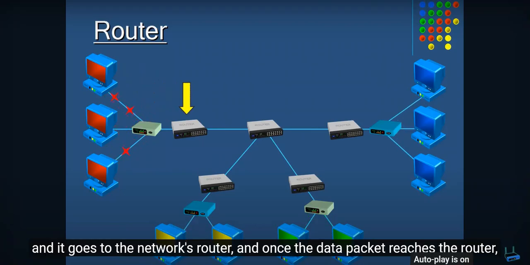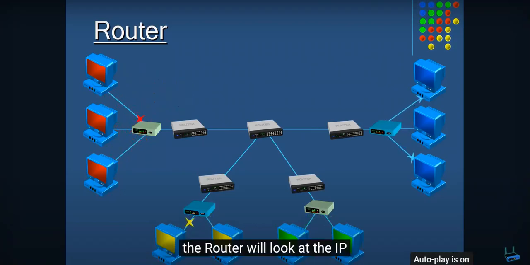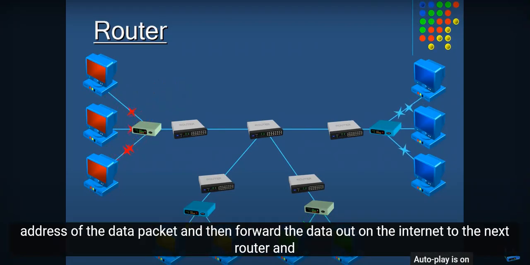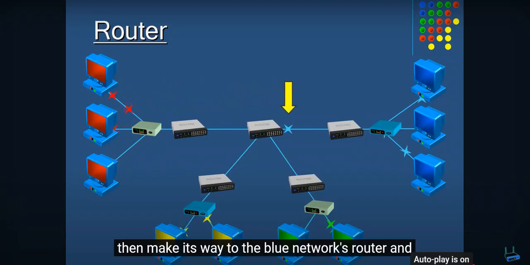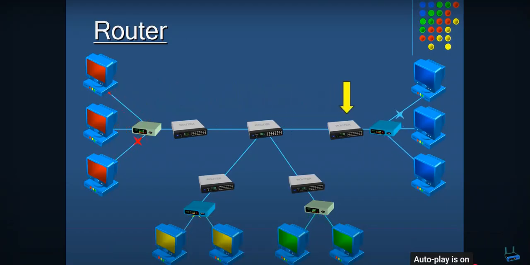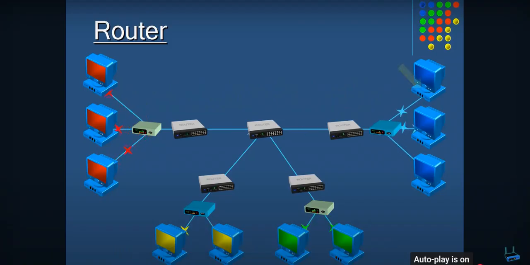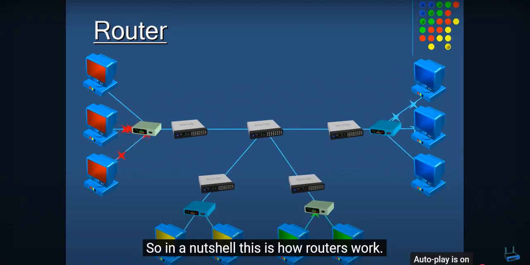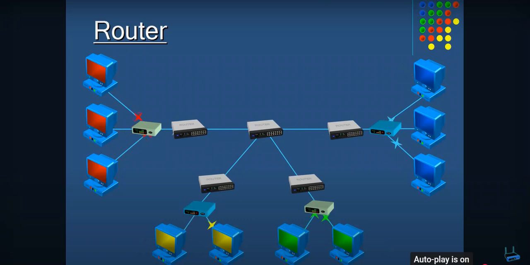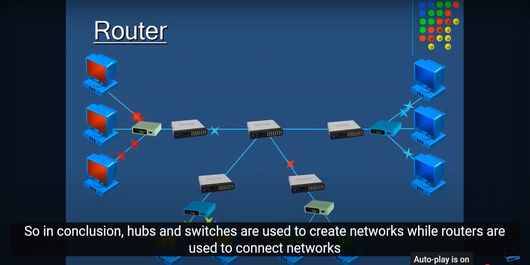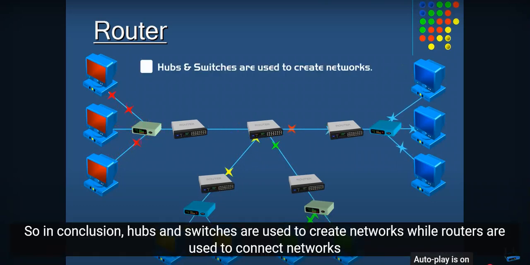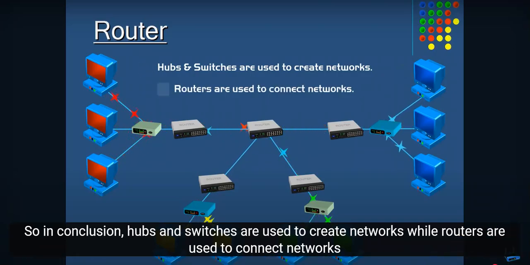Once the data packet reaches the router, it will look at the IP address of the data packet and then forward the data out on the Internet to the next router, and then make its way to the blue network's router, and then to the intended destination computer. So in a nutshell, this is how routers work. In conclusion, hubs and switches are used to create networks, while routers are used to connect networks.